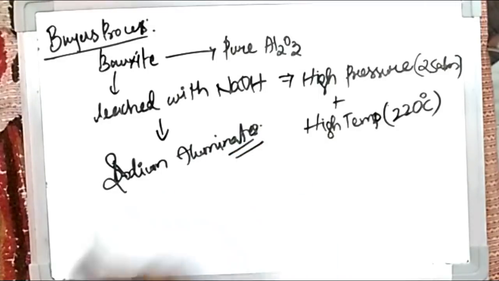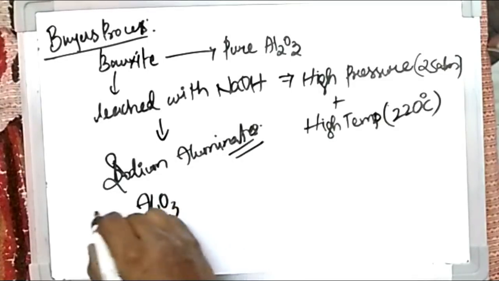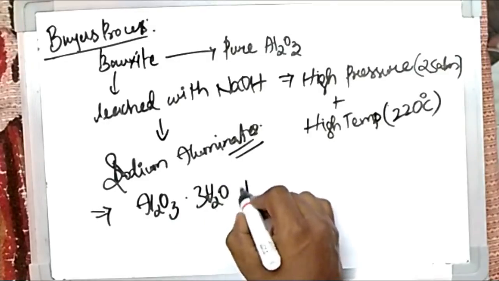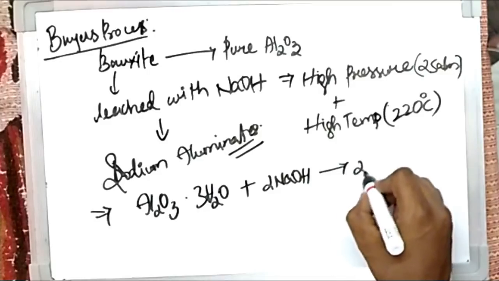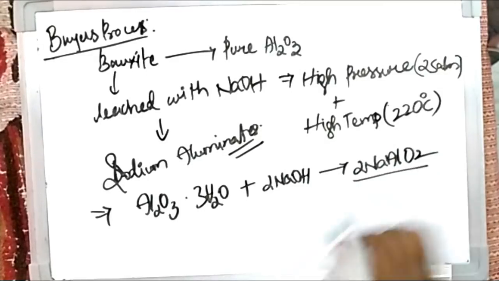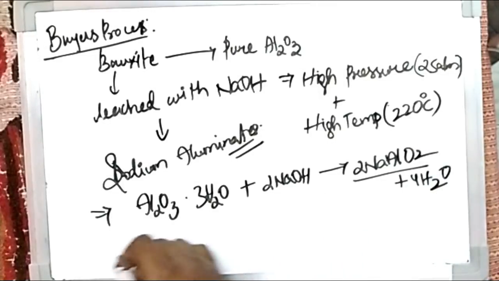We know bauxite is a mixture, so there will be two reactions. This gives sodium aluminate plus some amount of water liberated.